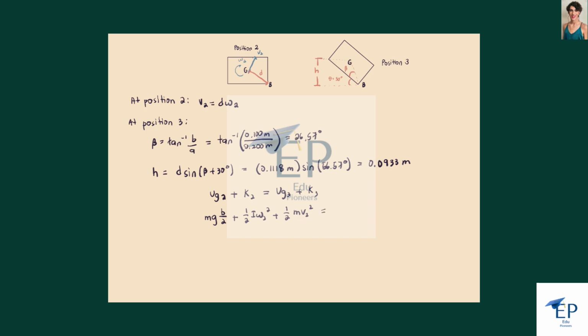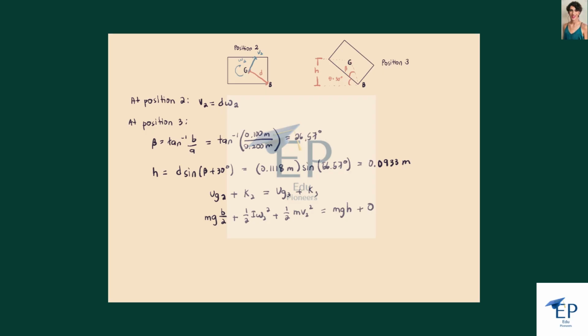Then for the right hand side, since the block rose for a height of h, the potential energy is mgh, and our kinetic energy here is 0.